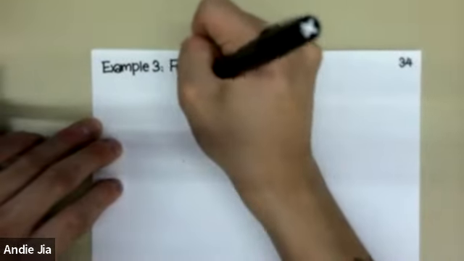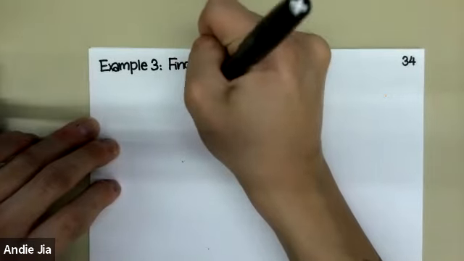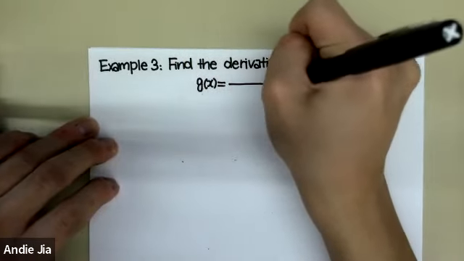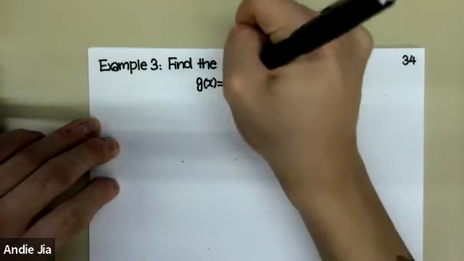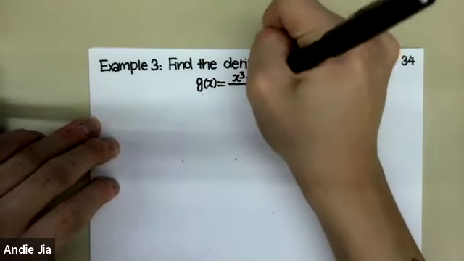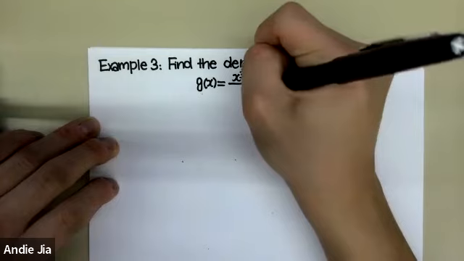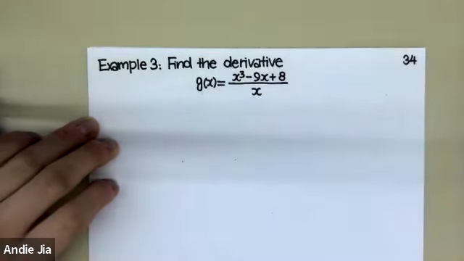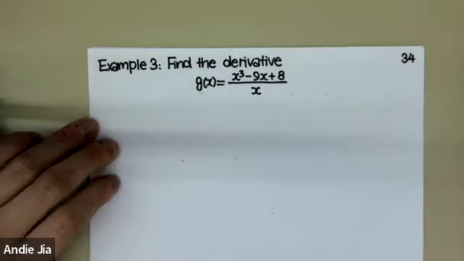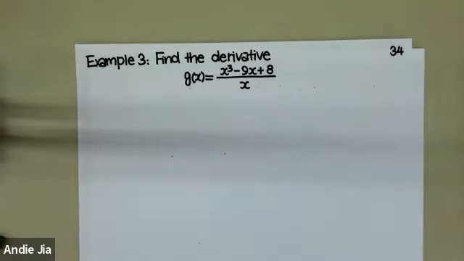If g of x is this function, all you see is a fraction, and you want to do the quotient rule.